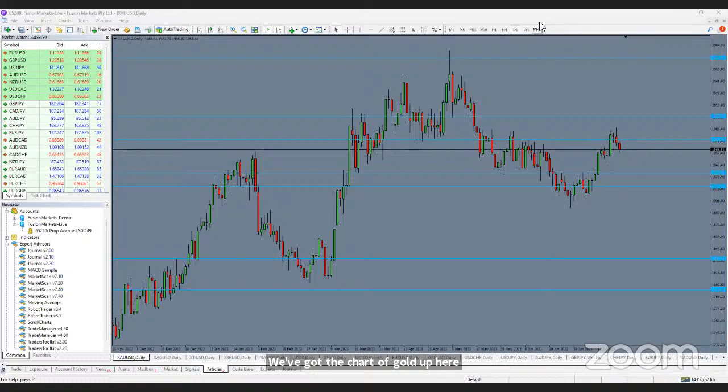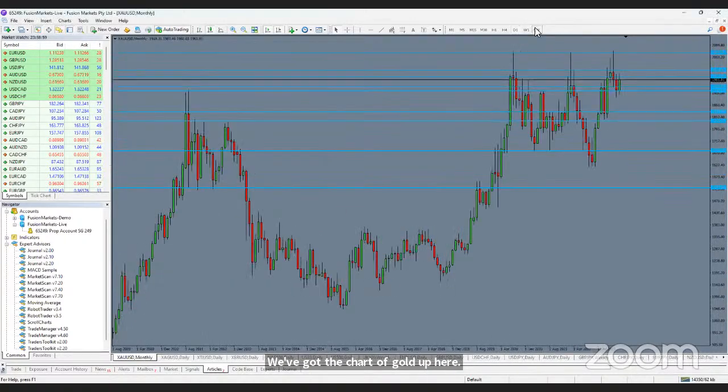Let me take you to the monthly chart for those of you who haven't seen my analysis for a while, so you can see where I get some of my levels from. A lot of the levels come from all the way back in 2011, 2012, where we had the previous all-time highs from 2011 just here. And that's a horizontal level which all the way into the future has been tested again and again.